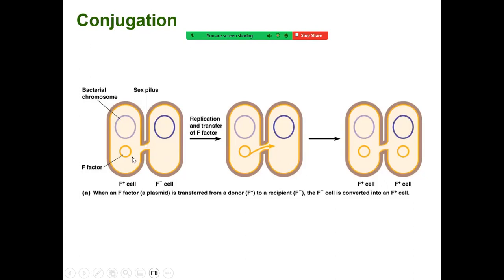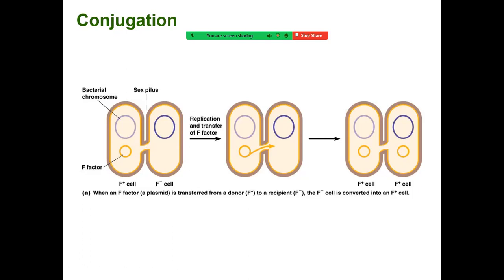Now that F plasmid has a gene on it that codes for the production of the sex pilus. And so if we look at this cell here, it now has the plasmid, which is the F plasmid, which codes for the production of a sex pilus.